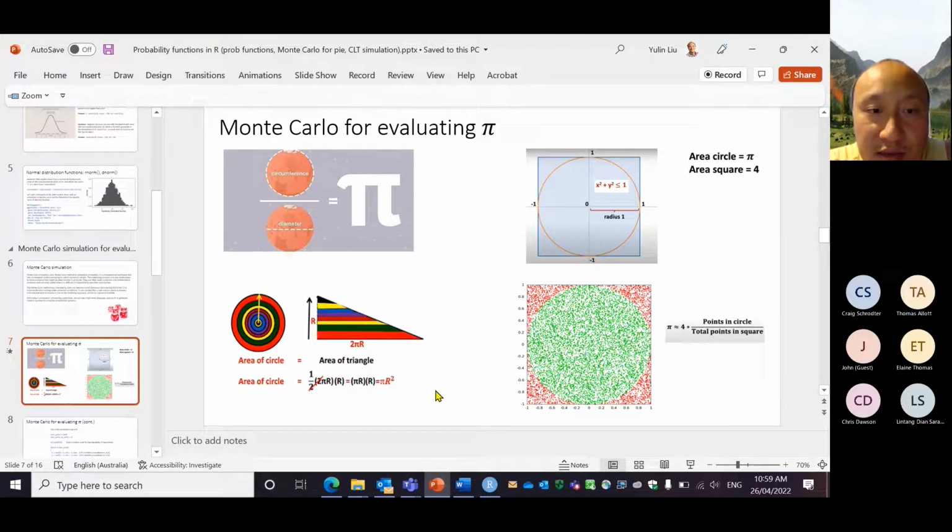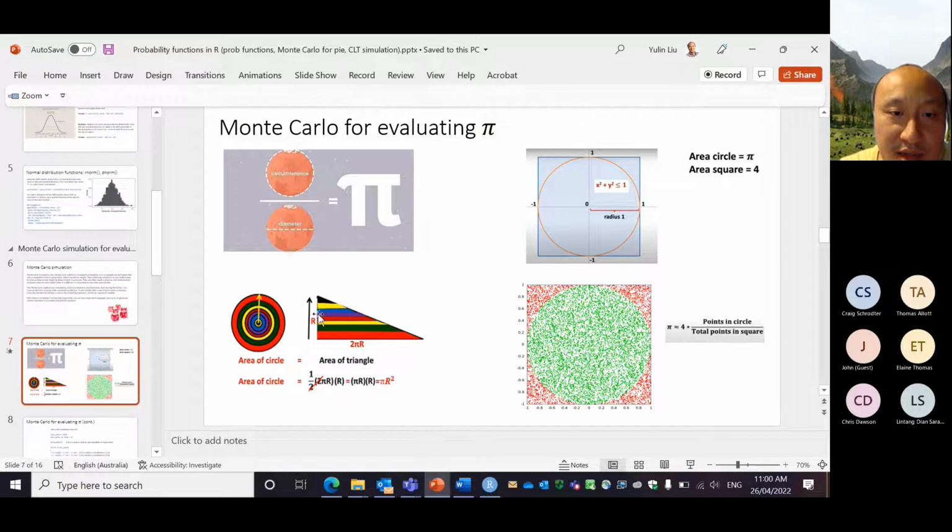Okay, and then if we cut them off and put them this way, you will form a triangle. The bottom will be the 2 pi r, the largest circle at the edge, and the top will be the smallest circle in the center.